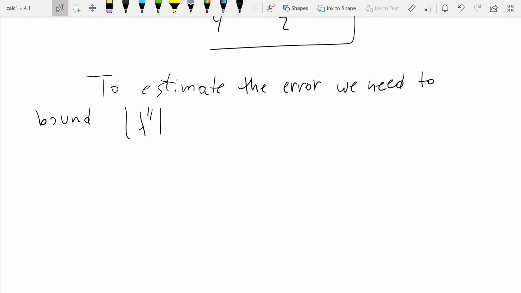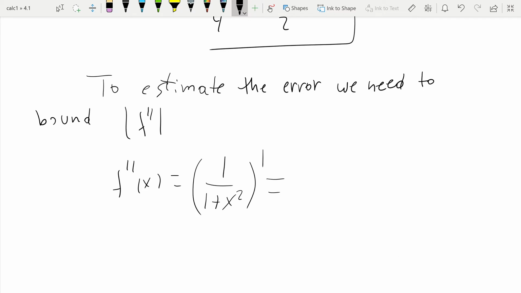So what is f double prime of x? It's the derivative of 1 over 1 plus x squared, which, according to the chain rule, is minus 1 over 1 plus x squared, squared, times the derivative of what's inside, which is 2x.